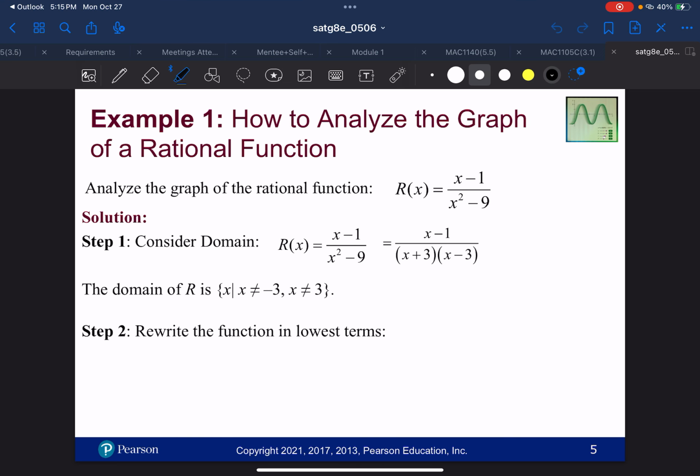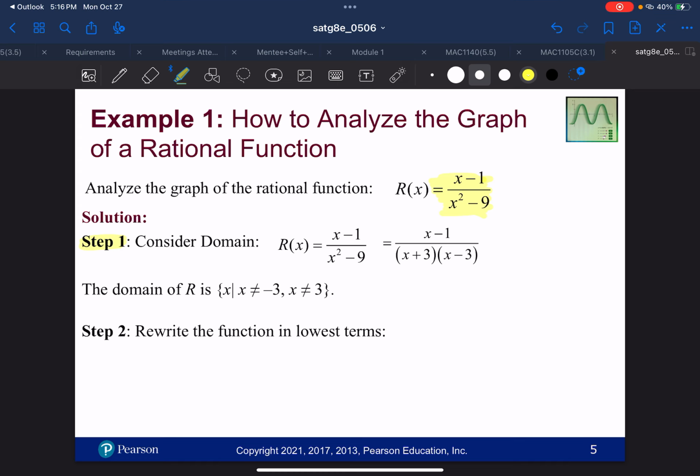Okay, so let's just start with an example. So this says to analyze the graph of r of x equals x minus 1 over x squared minus 9. So the first thing we're going to do is just to consider the domain to make sure we are aware of any of the values that will make the function undefined.